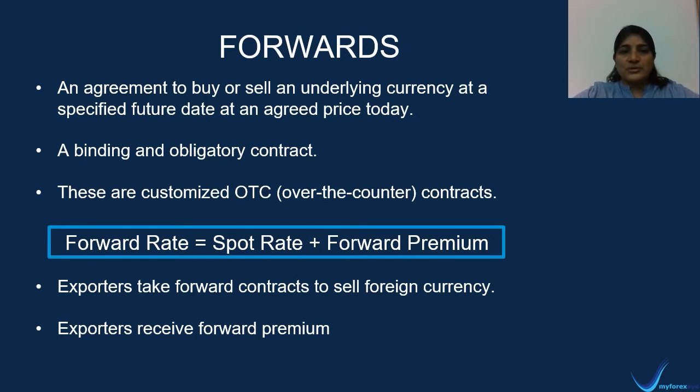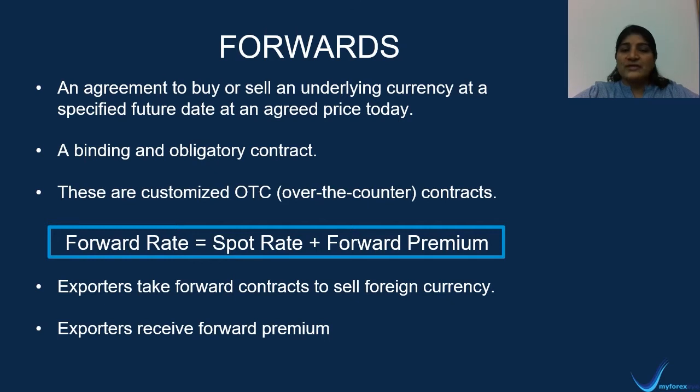For an exporter, it is an agreement to sell the underlying foreign currency at a specified future date, that is the maturity, at an agreed price today. The price is fixed today, and irrespective of the value of the currency on the maturity date, the foreign currency has to be sold at the price already fixed earlier.